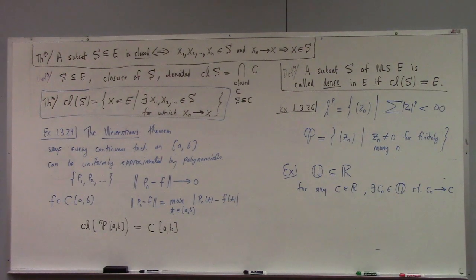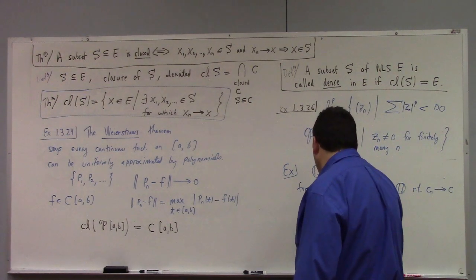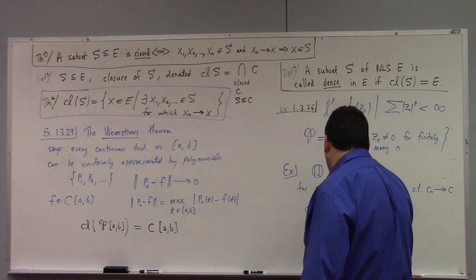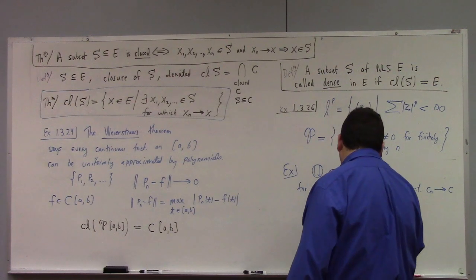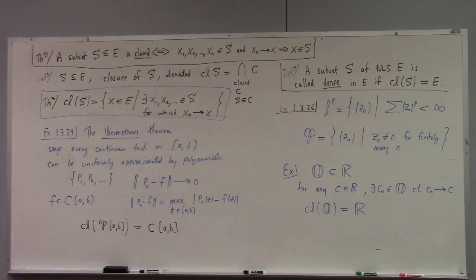With decimal expansions, this is super easy. Now, some people would say that's really abusive in terms of a proof, but there you go. Anyway, my point is that the closure of the rational numbers is the real numbers, and the rational numbers are dense in the real numbers.